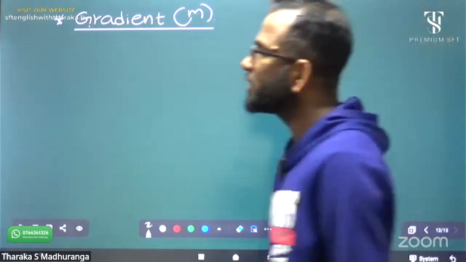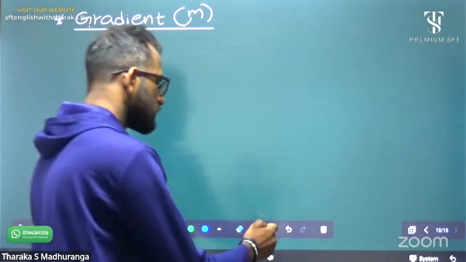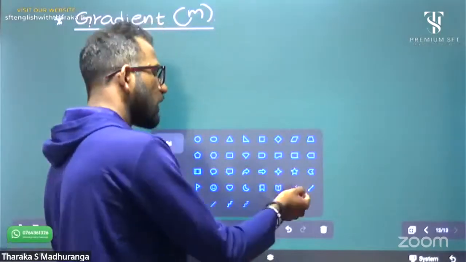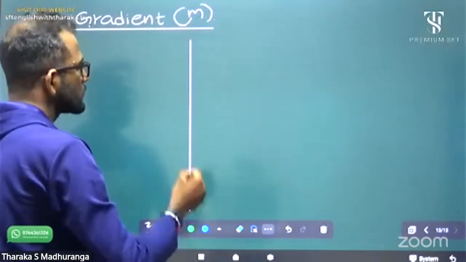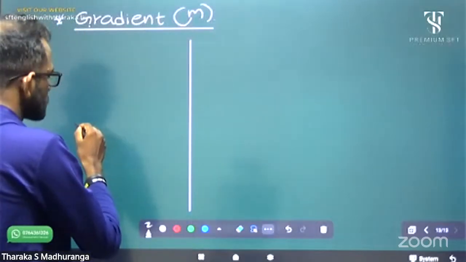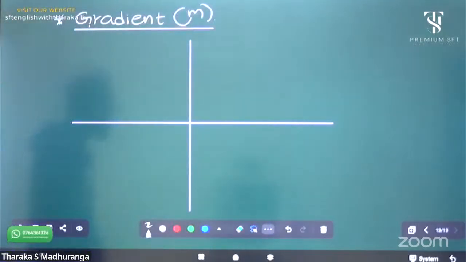Do you know what the meaning of the gradient is? If you draw a straight line on any Cartesian plane, what's the definition of the gradient? Now you know the intercept is the y-axis cutting point, that you already know.